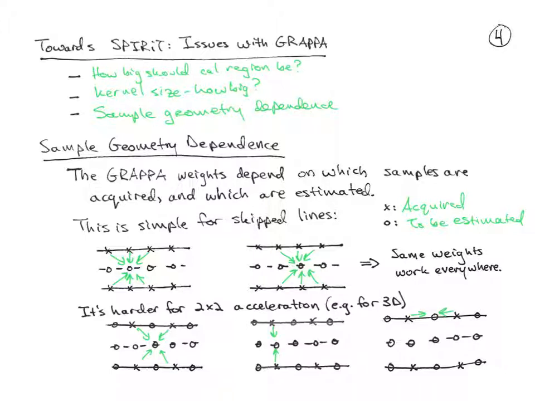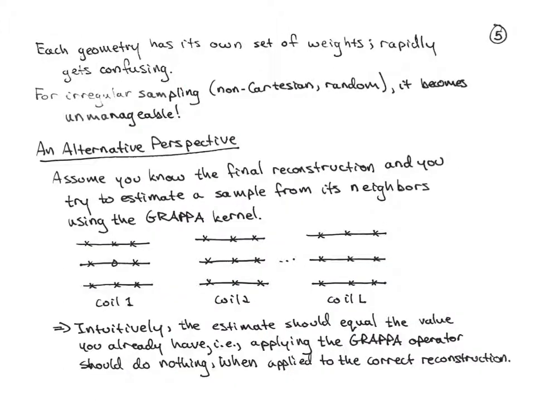This would require the construction of 3 different kernels, and it's not clear how well it would work. Overall, each geometry of missing with respect to known samples has its own set of weights, and it rapidly gets confusing trying to keep track of all these different geometries. For irregular sampling, such as non-Cartesian sampling or random sampling, as is used in compressed sensing, it becomes really unmanageable.